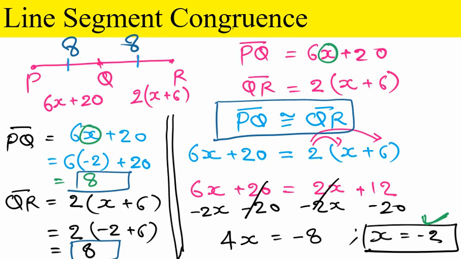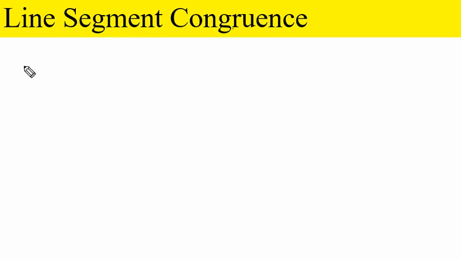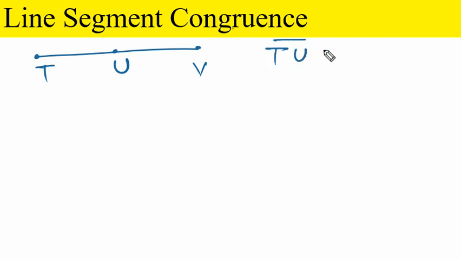Okay, let's try one more problem. In this question we are given segment TV, with a point U here, so U is between T and V. It is also given that segment TU is congruent to segment UV. When you say congruent, it means they are equal.